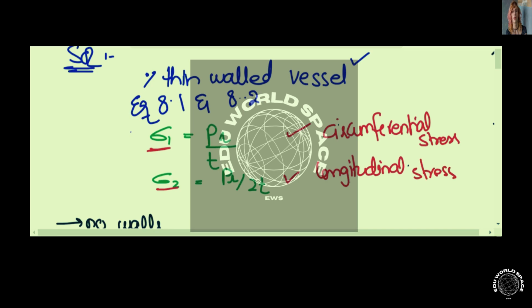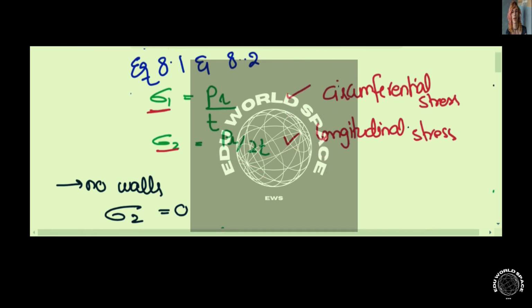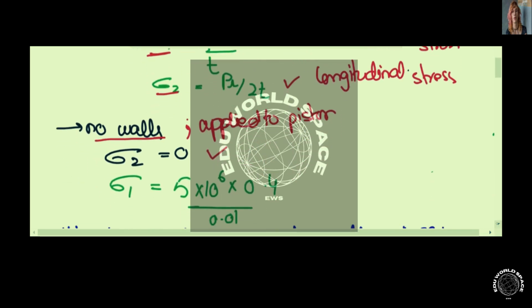One thing to note over here is that there are no walls, and if there are no walls, this longitudinal stress will be applied to the piston, not to the walls. So it means that sigma sub 2 will be equal to 0, and there would be only this sigma sub 1 stress.